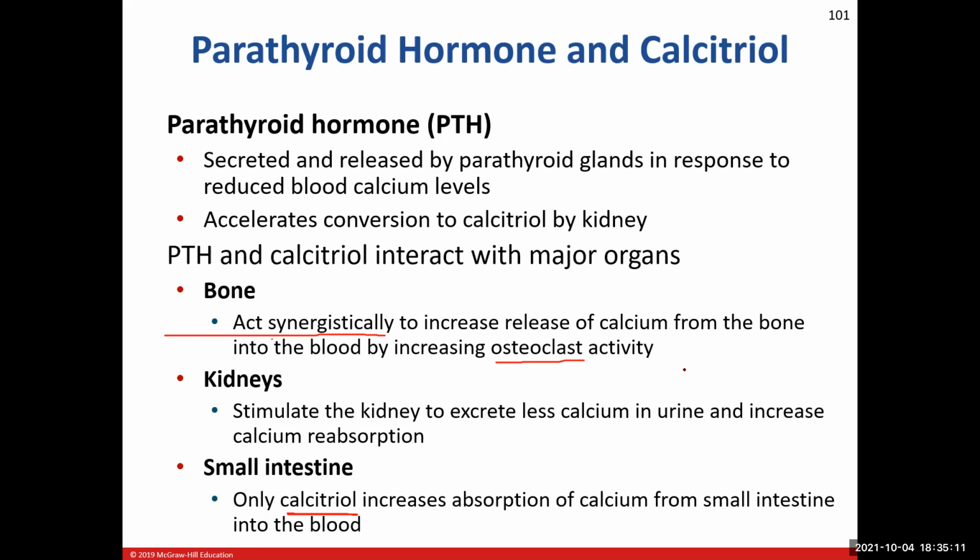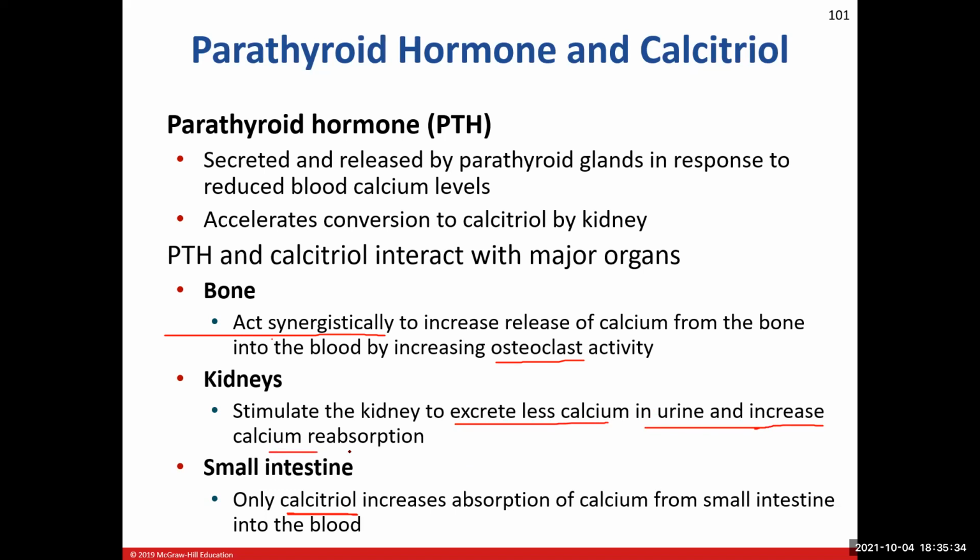Now, the kidneys. While this is going on in the bone, the kidneys are affected by parathyroid hormone and calcitriol to get rid of less calcium. So it's going to decrease excretion of calcium, and at the same time increase calcium reabsorption.